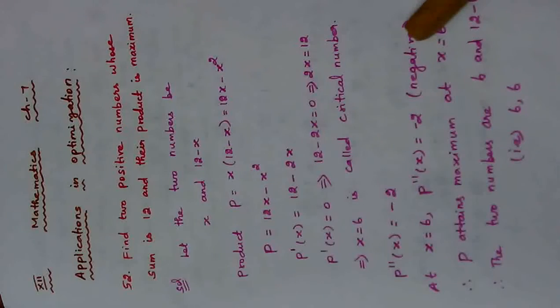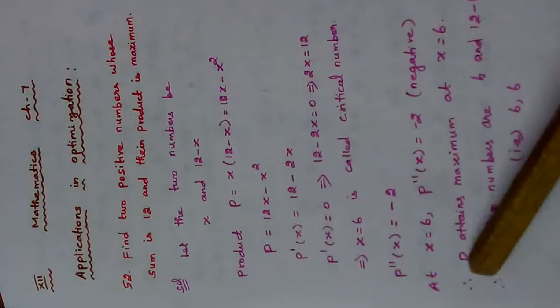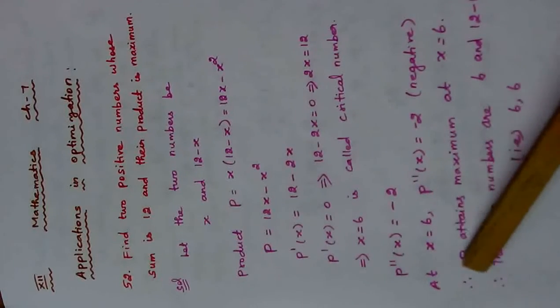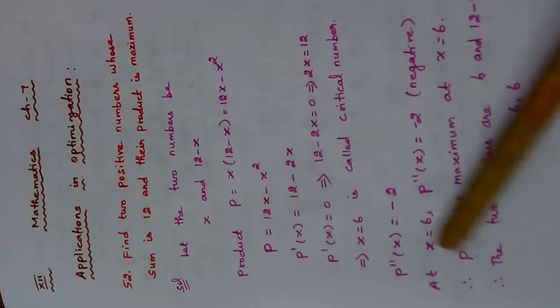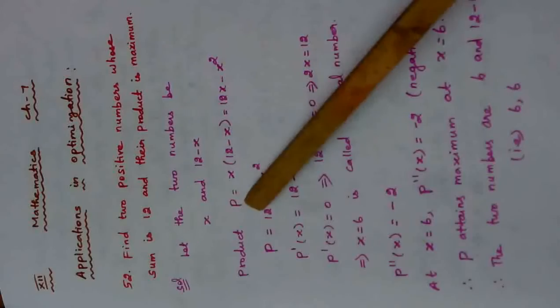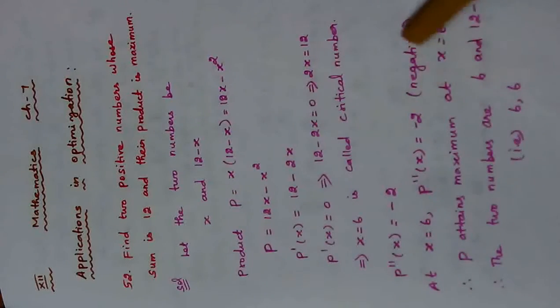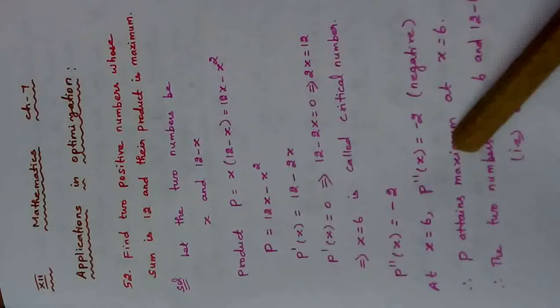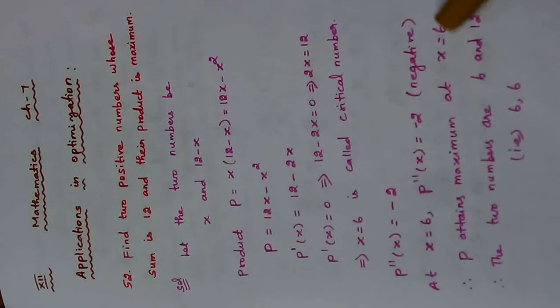Since this is negative, just now we discussed, if it is negative, we will say the function attains maximum. You just see this product. I am not writing p dash or p double dash. P, the product function. Since this value is negative, the product function we defined attains maximum only when x is equal to 6. Could you able to understand?